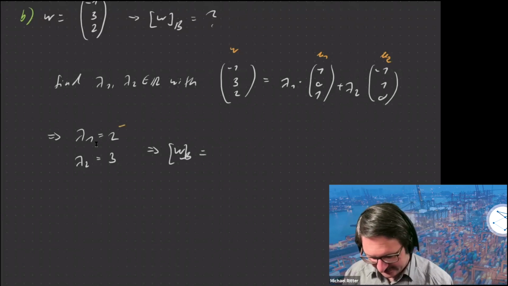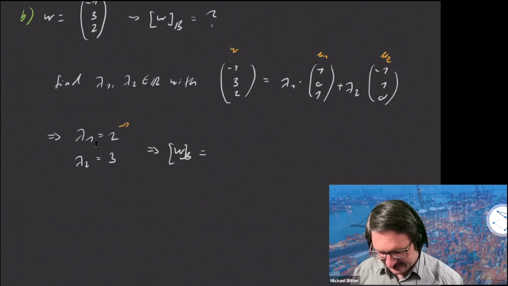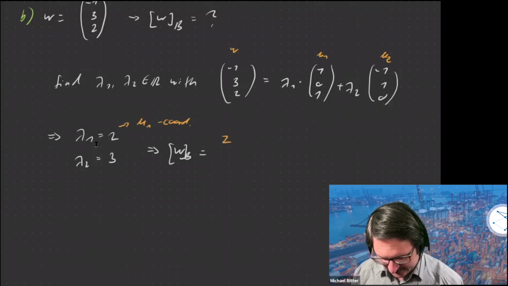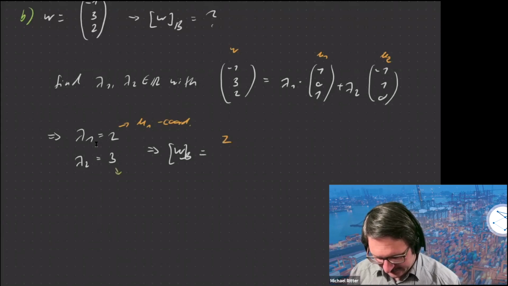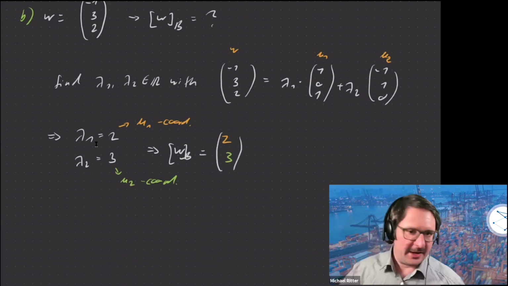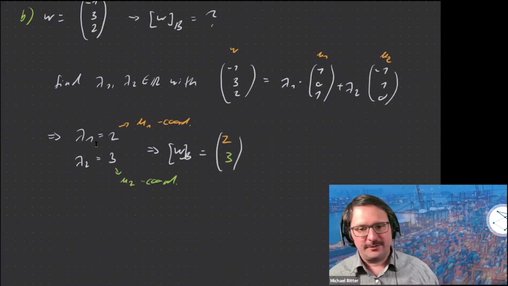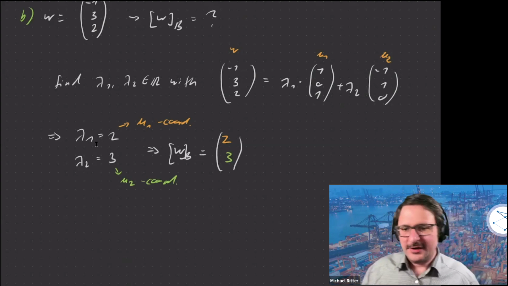So this here is the first coordinate, the one that corresponds to u1. So we need the 2 here. And this is the second coordinate that corresponds to u2. So we write that in the second position because u2 comes in the second position in our coordinate system. That's why the order matters.